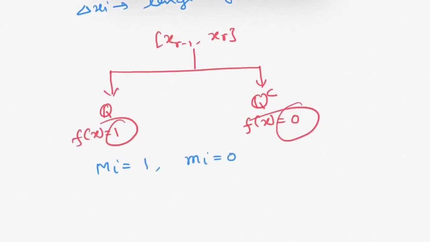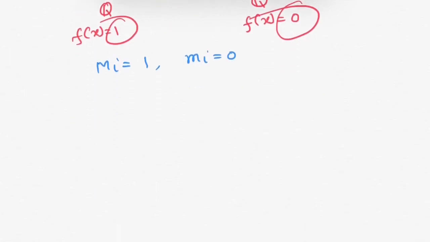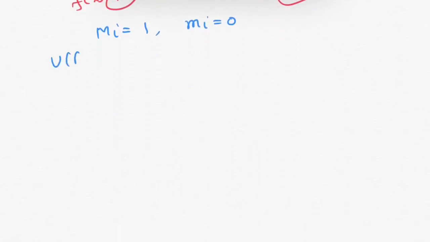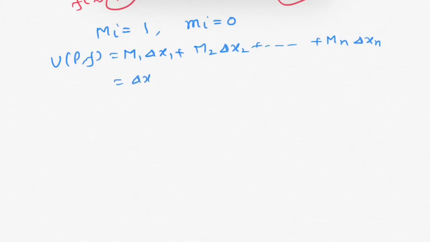Now putting in the values of capital Mi and small mi, we find the values of U(P, f) and L(P, f). So U(P, f) equals M1 delta x1 plus M2 delta x2 and so on up to Mn delta xn. All Mi are 1 here, so this will be delta x1 plus delta x2 plus and so on delta xn.